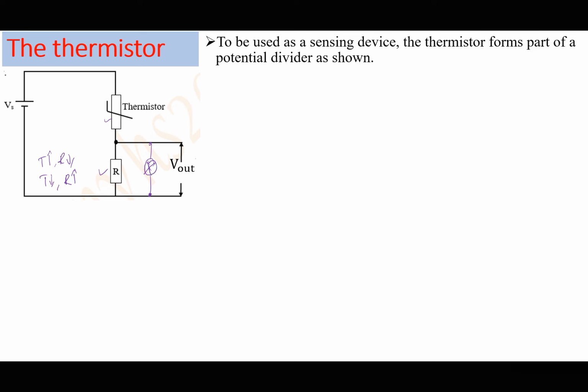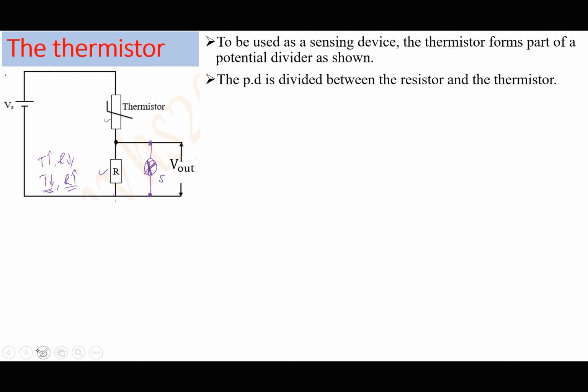Suppose we have the lamp here, which is just able to light if the temperature falls below a certain value. So if the temperature falls below a certain value, we expect that the resistance of R is going to increase. So the PD across R increases, which means the PD across the lamp increases until it reaches a certain value. If the PD is say 5 and the lamp lights at 5 volts, then the light is going to be seen going on to indicate that there has been a fall in temperature. So the thermistor at that point will be acting as a potential divider and as a sensor.